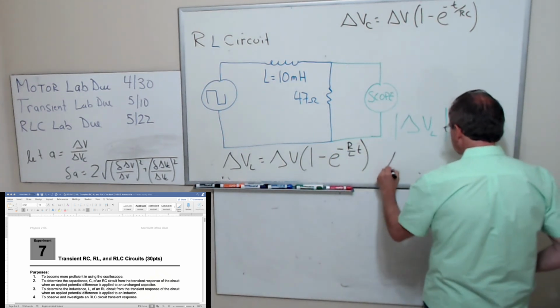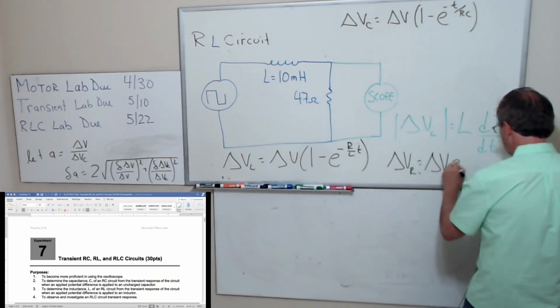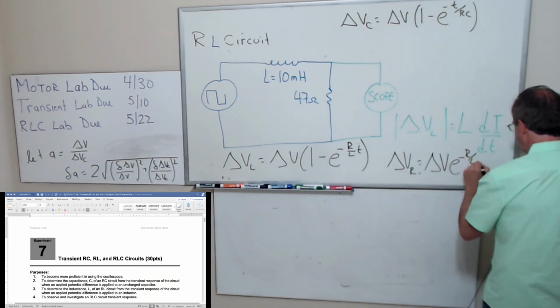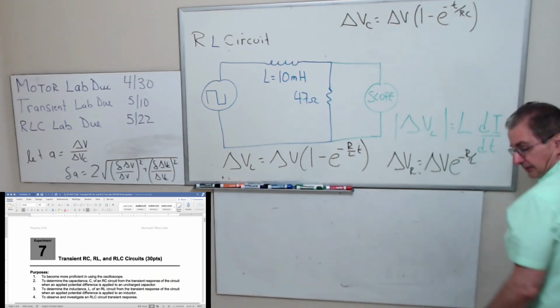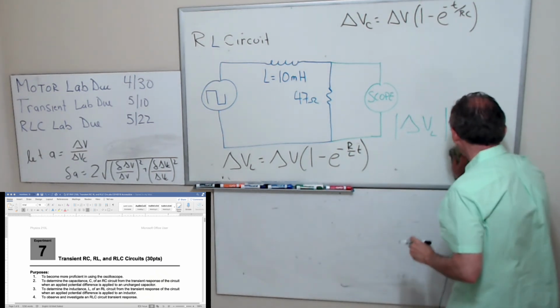And the voltage across the resistor is this. Let me write it somewhere else.